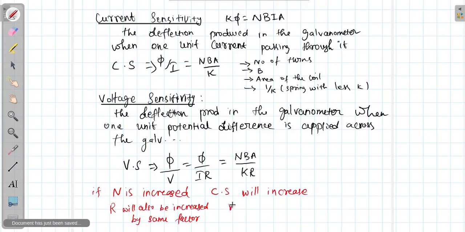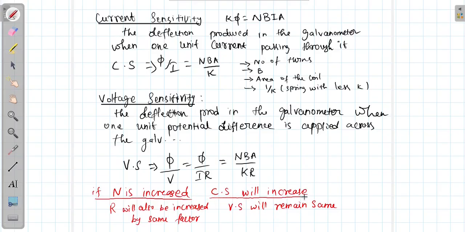It means voltage sensitivity will remain the same. They used to ask this question: what happens to voltage sensitivity when current sensitivity is increased by changing the number of turns? There is no change in voltage sensitivity because the resistance balances it.